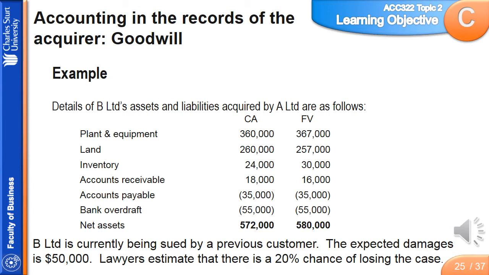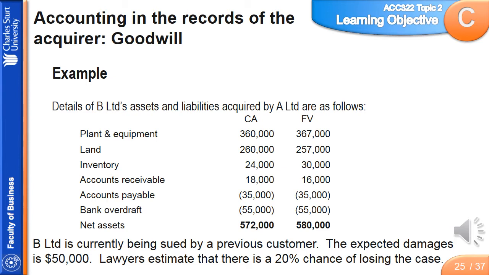It also says down the bottom here that B is currently being sued by a previous customer, and the expected damages are $50,000. However, the lawyers estimate there's a 20% chance of losing the case.